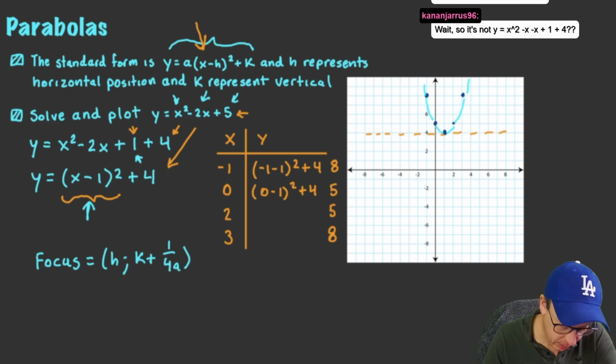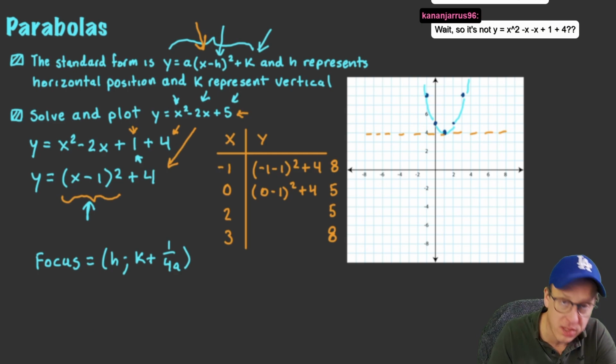And then what we're going to be able to do is plug in the K value. Remember, you can see the K value right there, the H value right there. I'm just putting them into this form so that I can then pull them back out and find all these individual points.